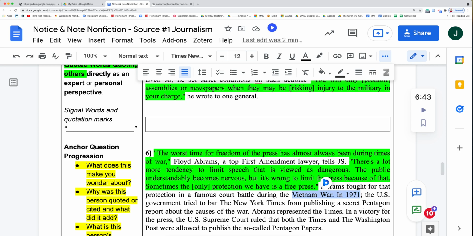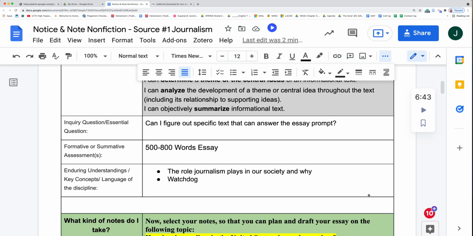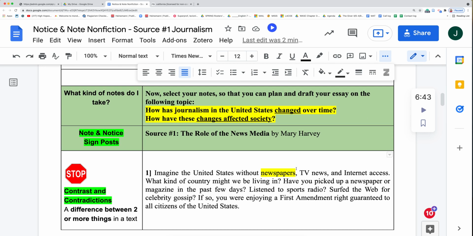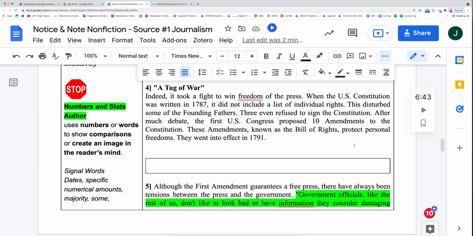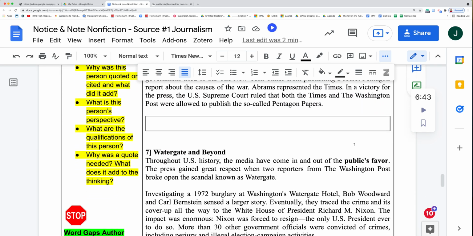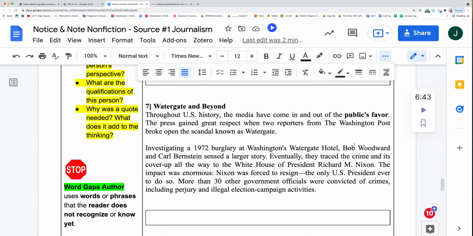So that means that there is an evolution or a tracing, or if you go back to the original question, there is a line that shows how journalism has changed over time. So if you pay attention to those events, you'll be able to write about how journalism managed to stay alive or managed to function throughout history.